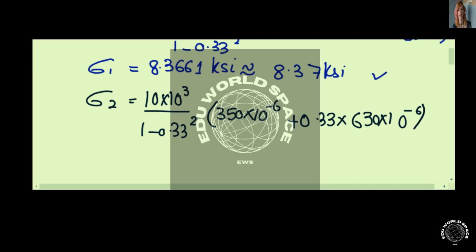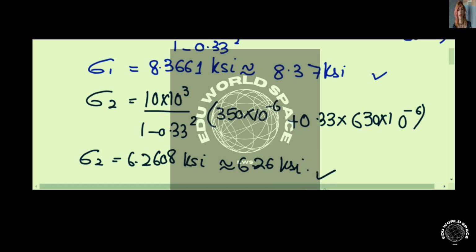Just calculate it and we'll get that the other principal stress is equal to 6.2608 ksi, that is approximately equal to 6.26 ksi. So this is your solution.